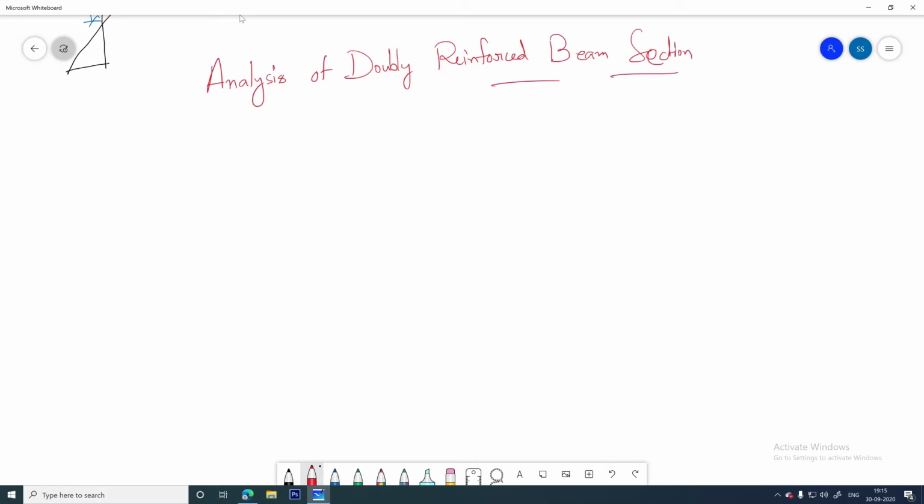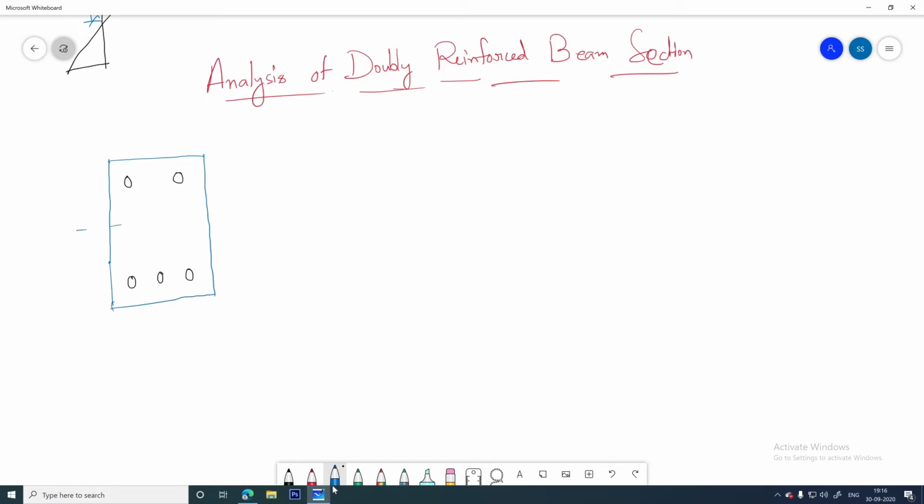In this analysis part let us draw a doubly reinforced beam section. Suppose we have here 3 reinforcement bars, and suppose we have here 2 reinforcement bars.